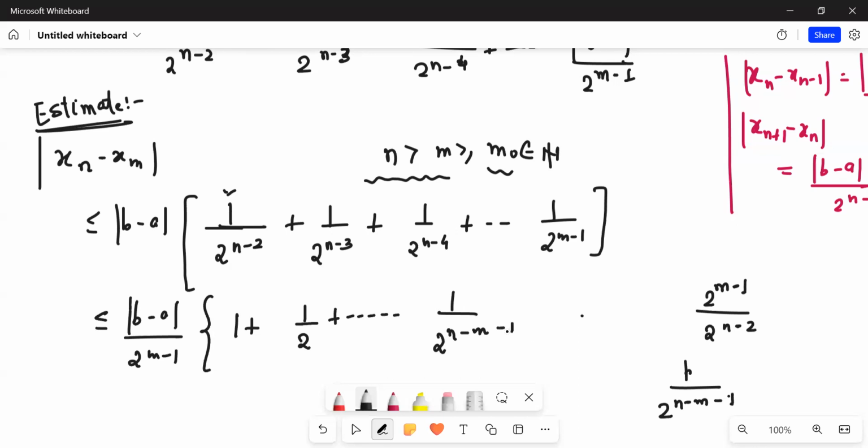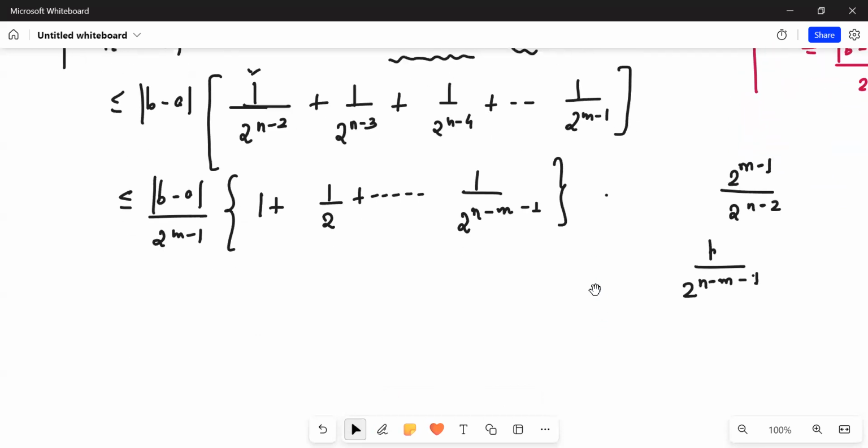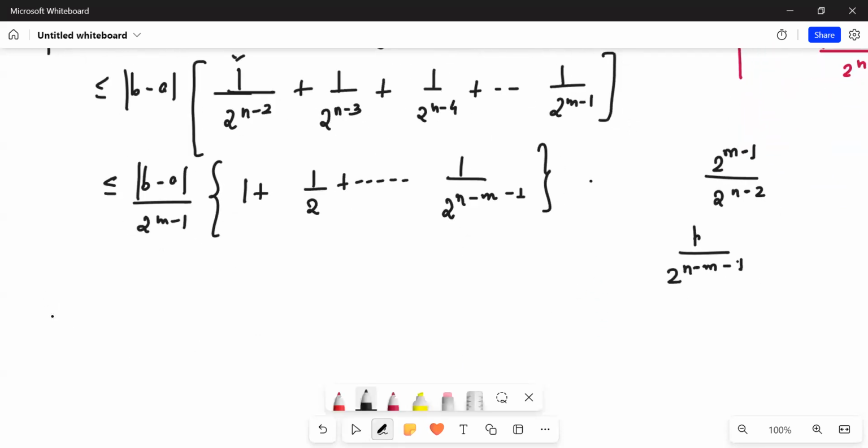I think the last term would be this. I hope this makes some sense to you. So basically |xn minus xm|, and we all understand we are estimating this for all n greater than m, is less than or equal to |b minus a| divided by 2 raised to power m minus 1, times the series.